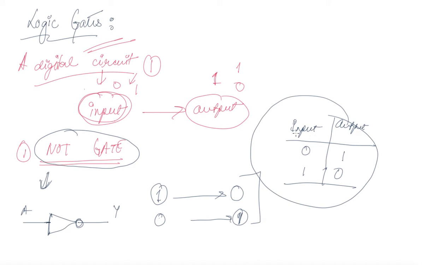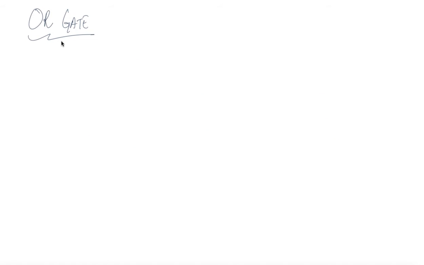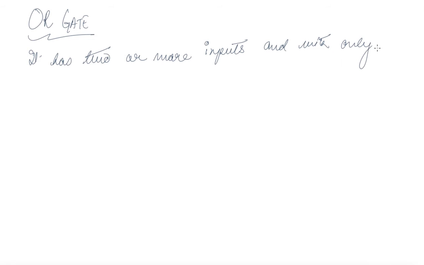Now let's have a discussion on what the OR gate is. The speciality of the OR gate is that it has two or more inputs and only one output.